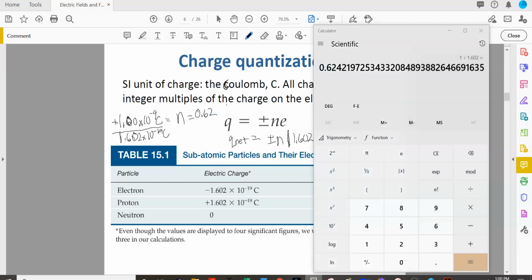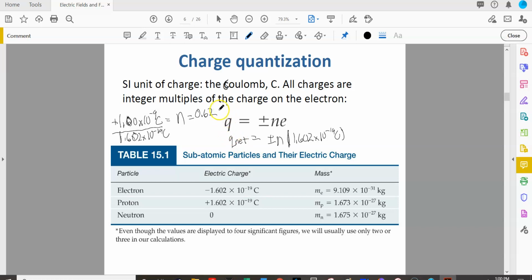Let's make sure that's correct. I don't have to round or anything. Times 10 to the negative 9. You bring this 10 to the negative 19th up, it'll be negative 9 times 10 to the positive 19th, because that's now on top. And so that total number is going to be 0.602 times 10 to the 10th charges. So it would have, what is it?